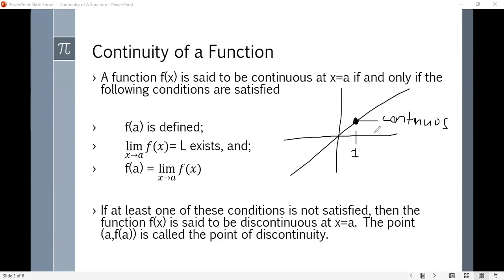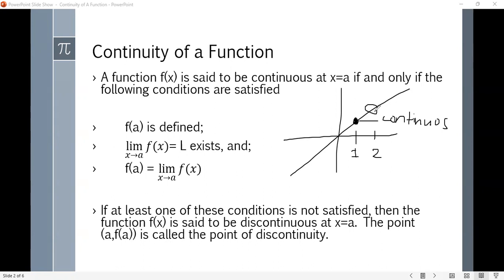Kapag naman halimbawa, yung x values na binigay sa atin, halimbawa 2, magiging discontinuous siya kapag indeterminate or undefined po siya. So any of these three conditions are not satisfied. So halimbawa, hindi po satisfied yung sa pangalawang condition, so lalabas po na ganito yung kanyang function or may hole lang po siya.